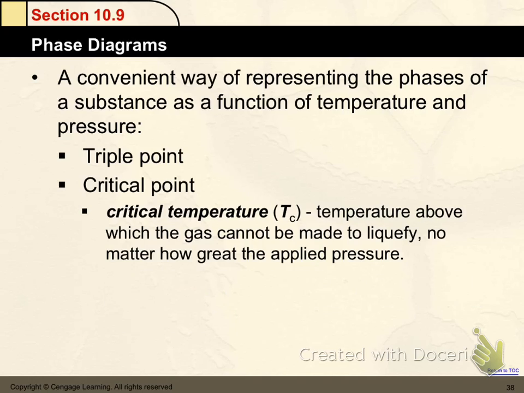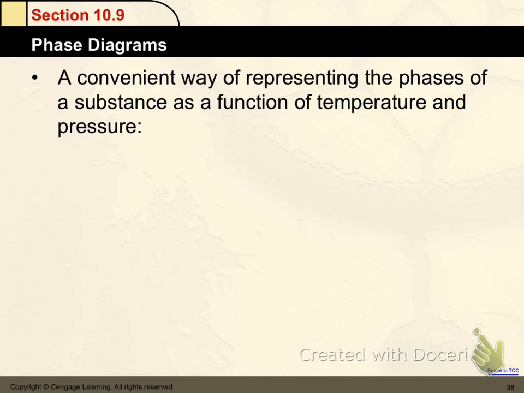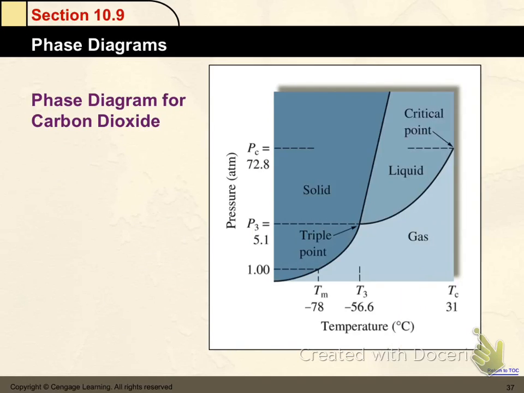So if I go back to my graph again, we can notice what this looks like. Here's our critical pressure on the upper left-hand corner, 72.8 atmospheres. Here's my critical temp. So if I want to make liquid carbon dioxide at 31 degrees Celsius, I have to reach my critical pressure, and that's 72.8.